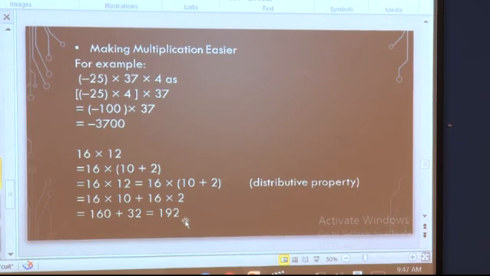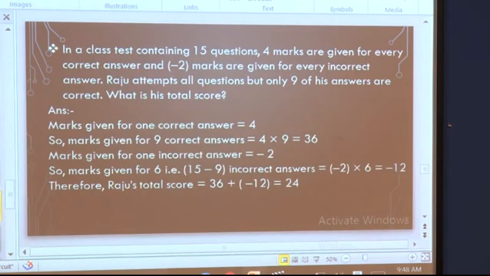What had we done here? We had used the distributive property to solve multiplication sums by a very easy method. So children, you can write your own examples with any integers and whole numbers to solve. You will have practice of this type of examples from the exercise.